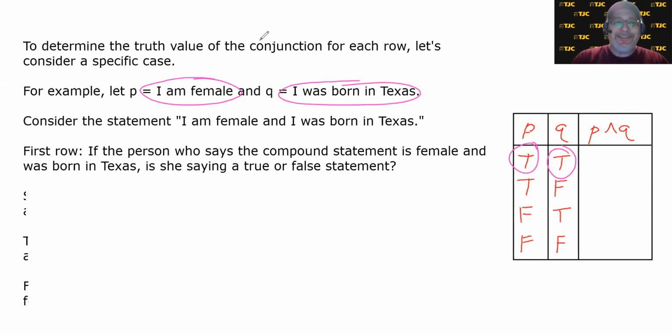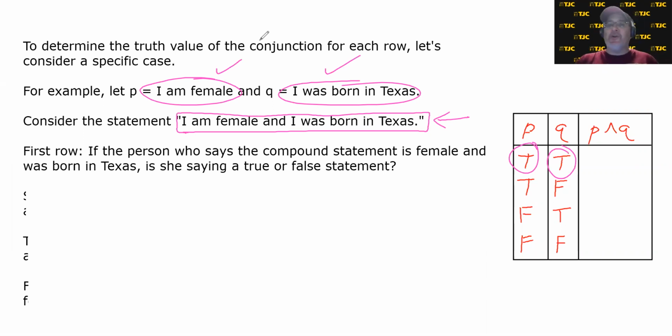So let's say that somebody says this statement and both of the simple statements were true. In other words, if the person who says the compound statement is female and was born in Texas, is she saying a true or false statement? So picture it. Pretend I'm female. Pretend I was born in Texas. Or think of a female who was born in Texas.